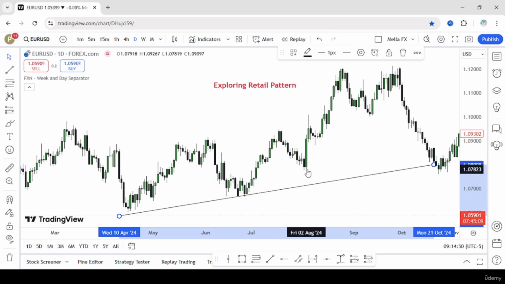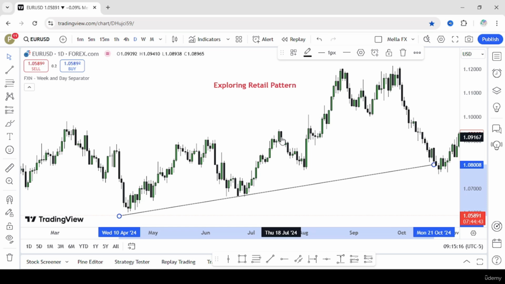So in this trend line, every retail trader will be left wondering where to anchor. The biggest question was, where should I anchor my trend line? Where should I keep this trend line to be able to find support?